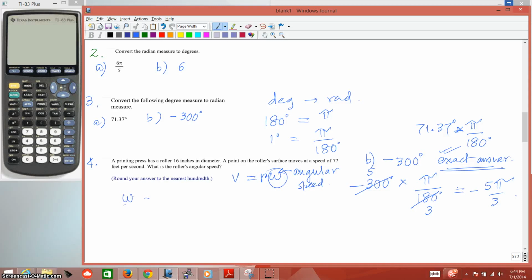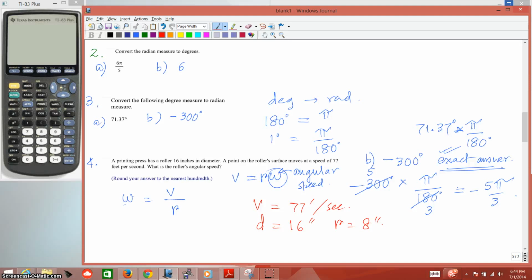So the simplification is v over r, and students punch in v, which is given as 77 feet per second. The diameter is given as 16 inches, so r comes out to be 8 inches.